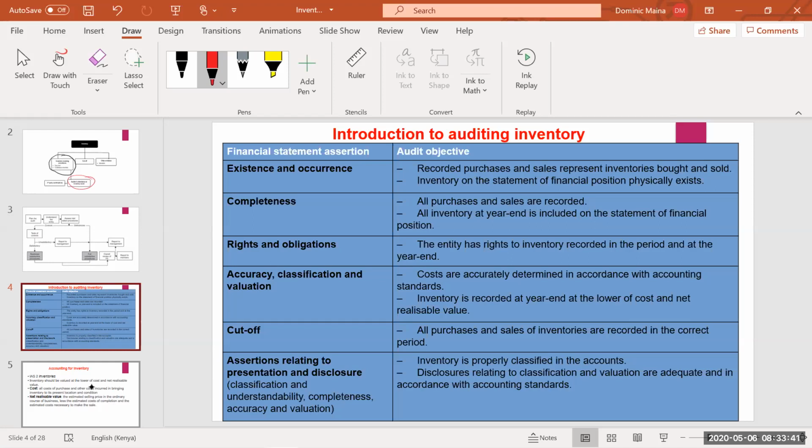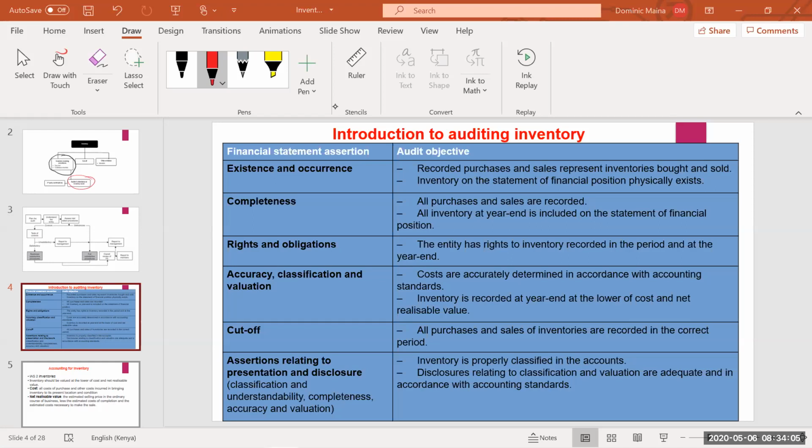And not just purchases and sales. Maybe some inventory was declared redundant, maybe the inventory was obsolete, or it had expired. That is still a movement. So the movement is not just purchases and sales.